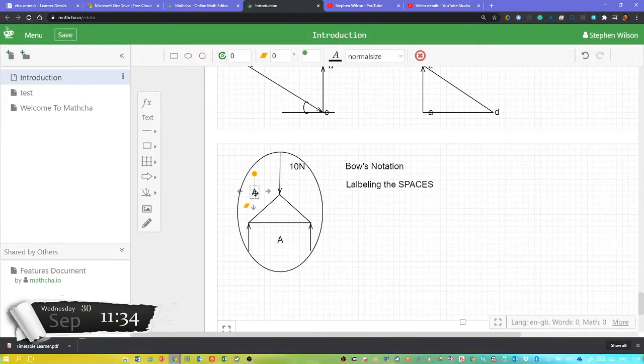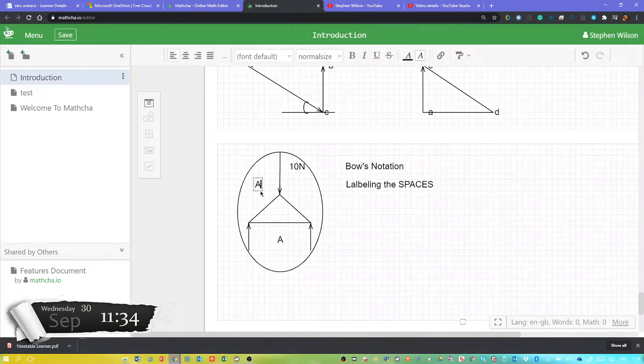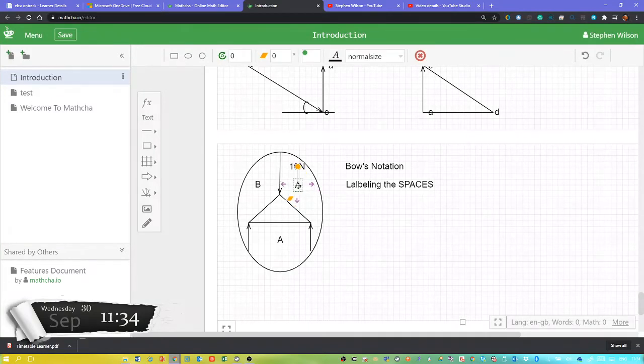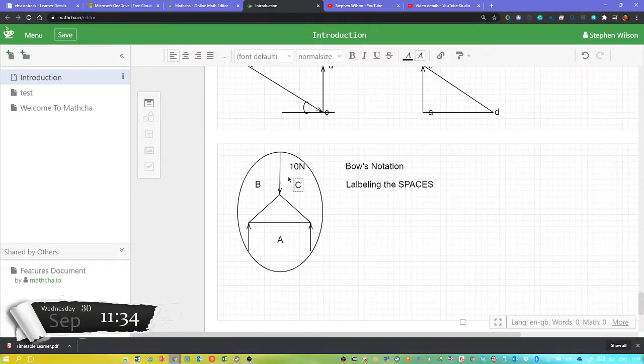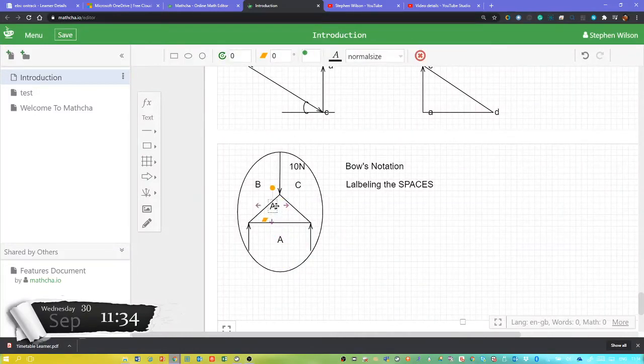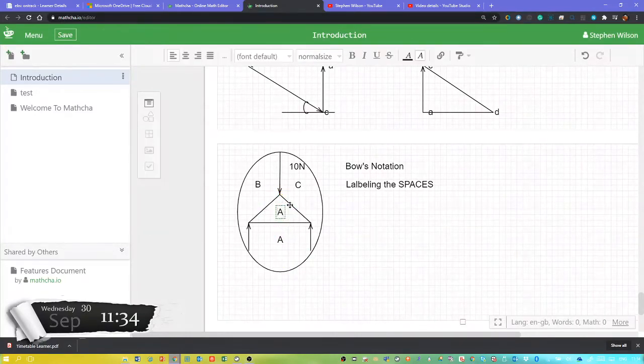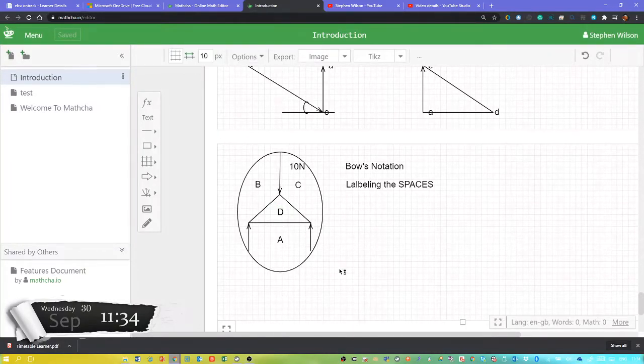I'm just going to copy and paste, and then I work around clockwise. So that's A, B, and C, and then our final space is in the middle of the frame. Let's bring that up there, space D. So we've labelled that as you would with Bow's notation.